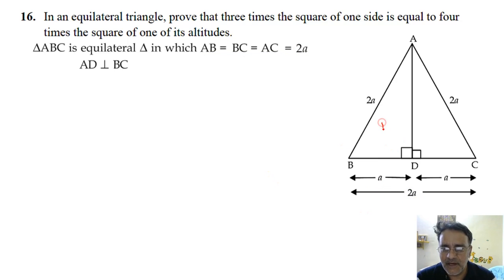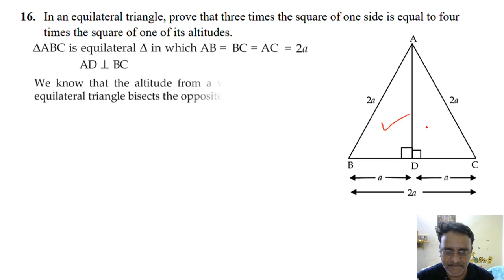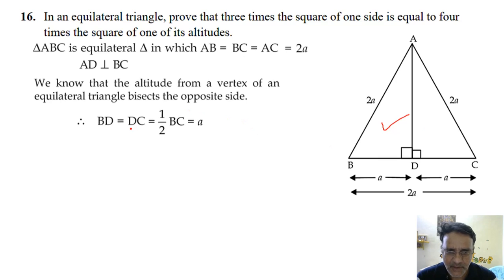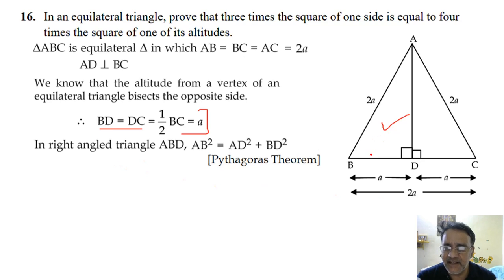Now take this triangle or this triangle and apply Pythagoras theorem. We know that the altitude from a vertex of an equilateral triangle bisects the opposite side. So these two are equal, both are equal to A. That I already discussed. Now in right angle triangle ABD, AB square is equals to AD square plus BD square. Now substitute all the values.